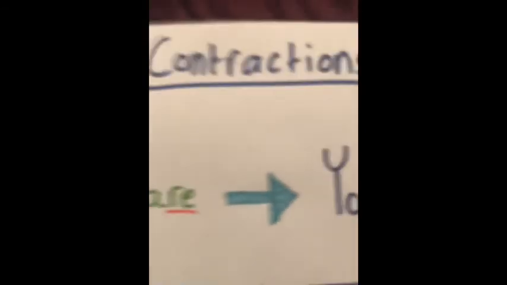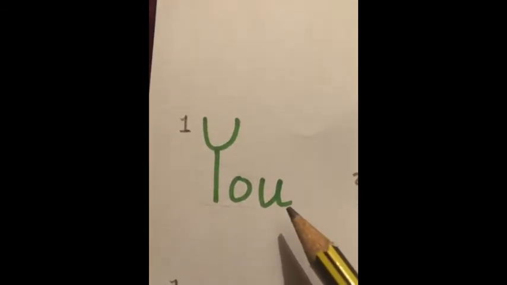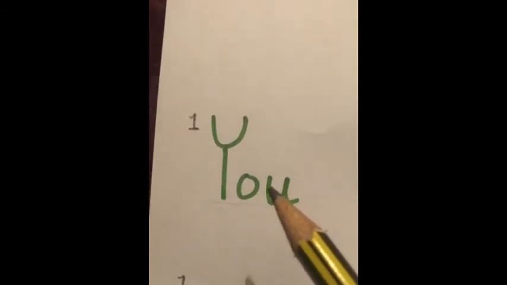And then after we write you, we directly put what? Do you remember? What do we put? The apostrophe that comes up. Where do we put it? After the first word. So after you, we put the apostrophe. It's called apostrophe. Where do we put it? Up. Okay? Now, the apostrophe after the first word.